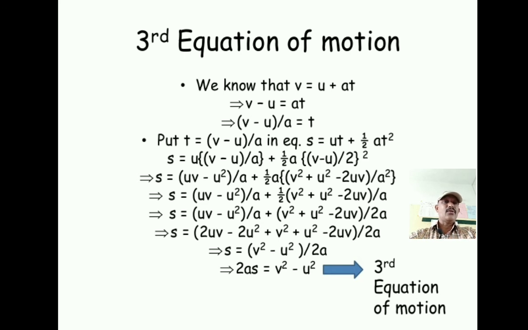So s = (v² − u²)/2a. Then 2as = v² − u². So this is the third equation.